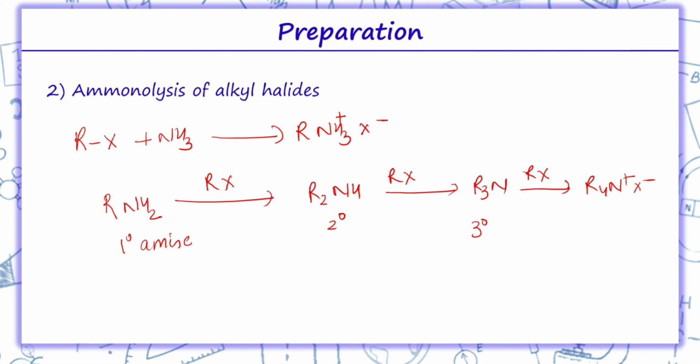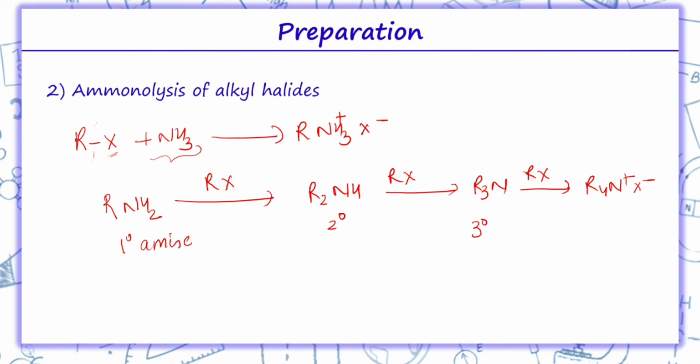So alkyl halides or benzyl halides on reaction with ethanolic solution of ammonia undergo nucleophilic substitution and halogen is replaced by NH2 group. Here the cleavage of C-X bond takes place by ammonia molecule, therefore we call it ammonolysis.